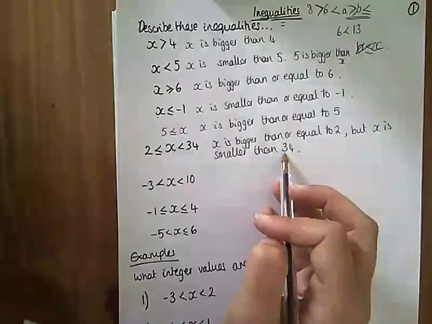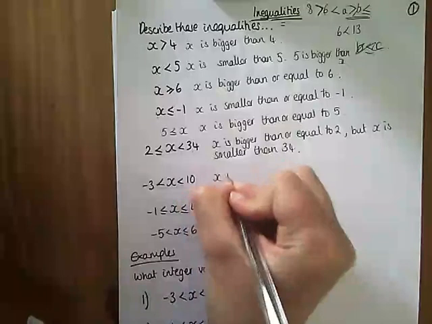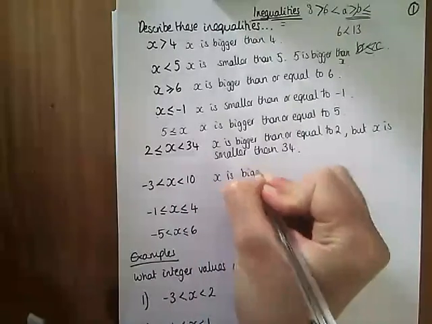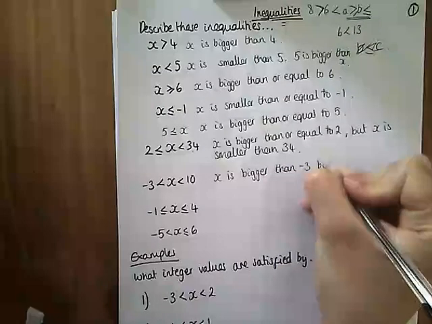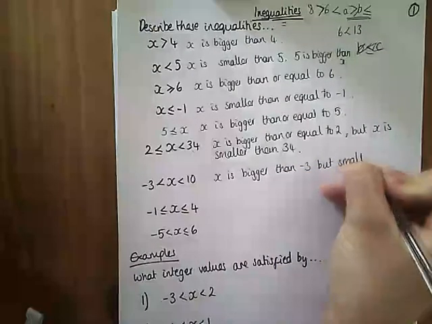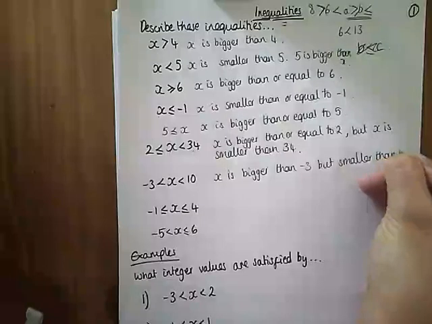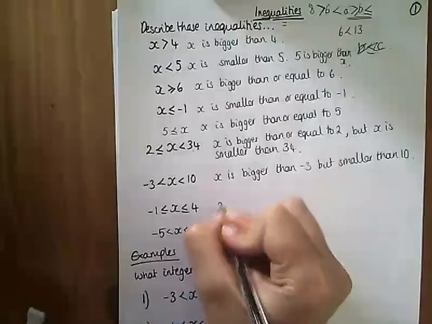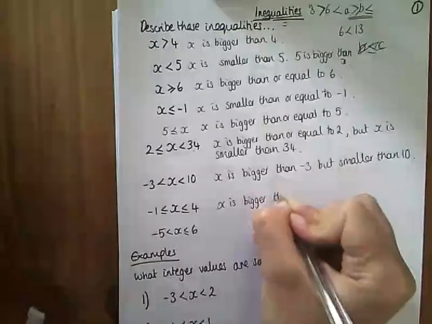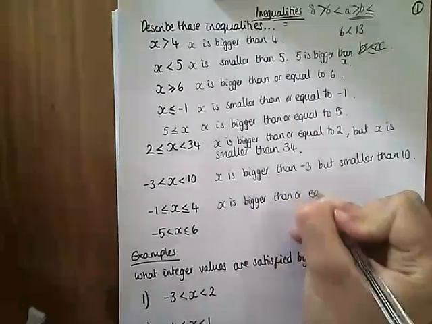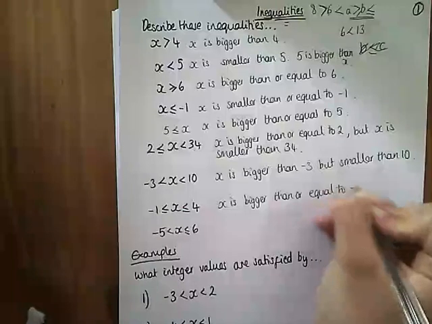Okay, right, same here. X is bigger than -3, it can't be equal to -3, but smaller than 10. Here X is bigger than or equal to -1, but smaller than 4.